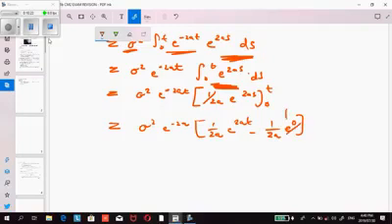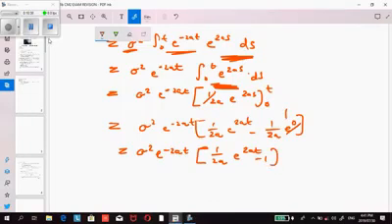So I'm going to have sigma squared e to the minus 2at, please don't forget the t, times 1 over 2a, e to the power 2at minus 1. Distributing this inside and taking 1 over 2a out, don't forget, and rearranging, I'm going to have sigma squared over 2a into 1 minus e to the power minus 2at.